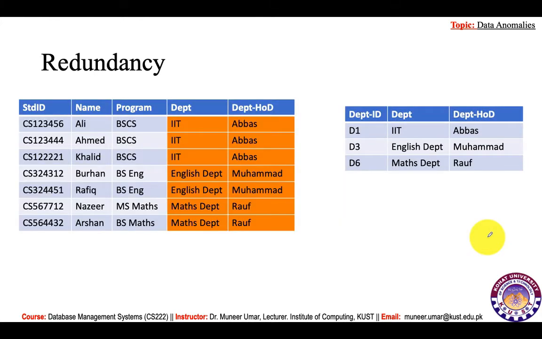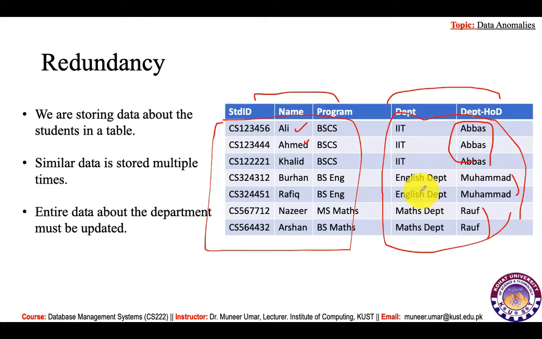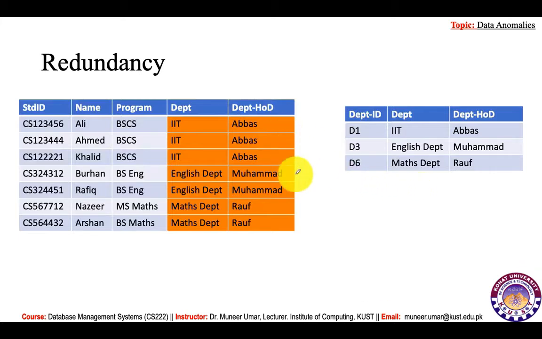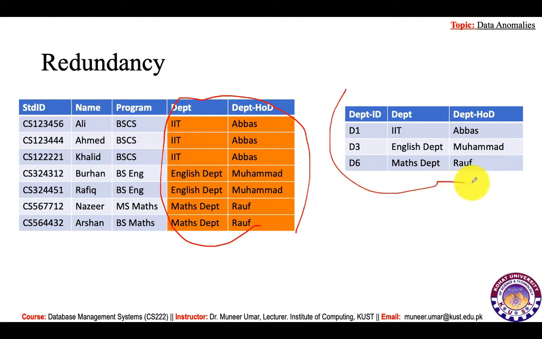We can eliminate this redundancy from this table by decomposing it into two separate tables. Here we deleted these two columns from the student table and created a new column for department.